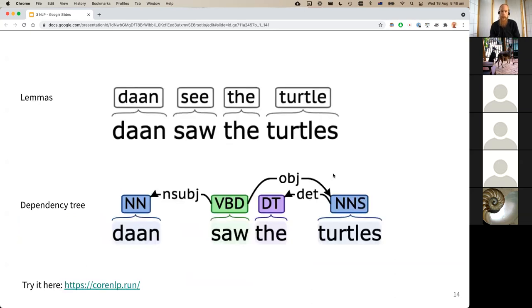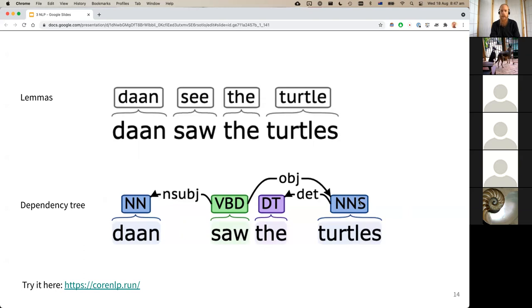Let's have a look at another example of this. So the lemmatizing example from before, lemmatizing Dan saw the turtles, gives us this lemma form, Dan see the turtle. So the tense of saw has been lemmatized to see. The plural of turtles has been lemmatized to turtle. So this is a part of the process.